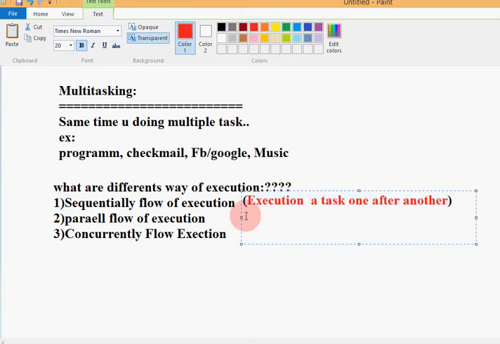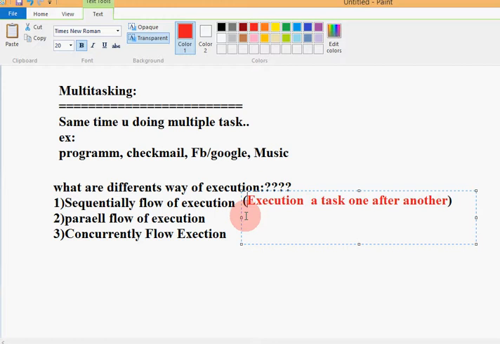The second one is parallel. That means two tasks will be executed at the same time without depending on each other. In the sequential flow, the second person is always depending on the first person.